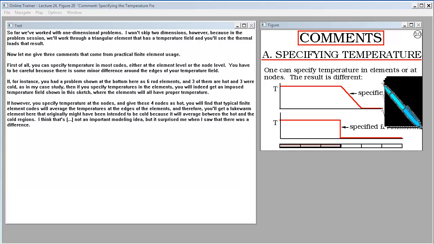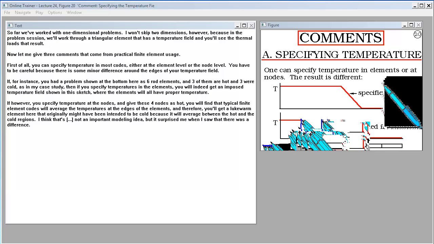You have to be careful because there is some minor difference around the edges of your temperature field. If, for instance, you had a problem shown at the bottom here as 6 rod elements, and 3 of them were hot and 3 were cold, as in my case study, then if you specify temperatures in the elements, you will indeed get an imposed temperature field shown in this sketch, where the elements will all have the proper temperature.